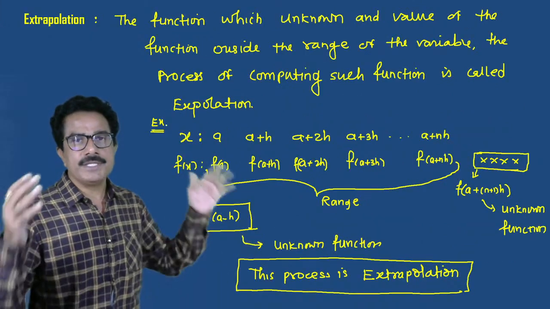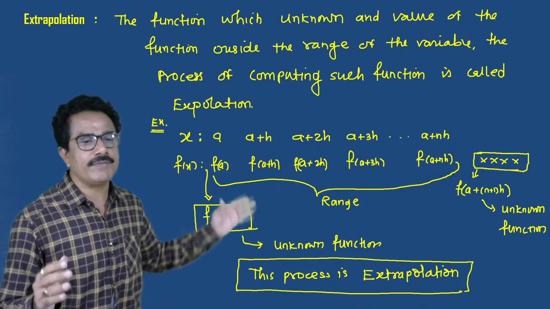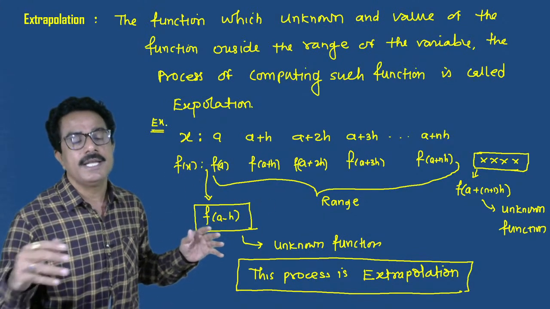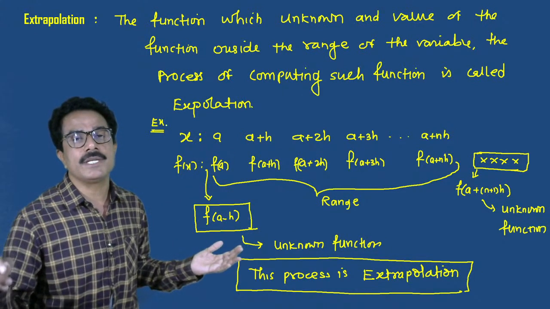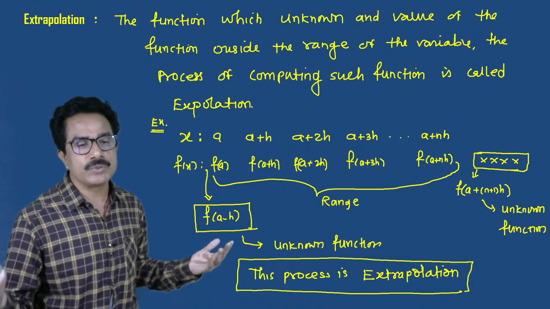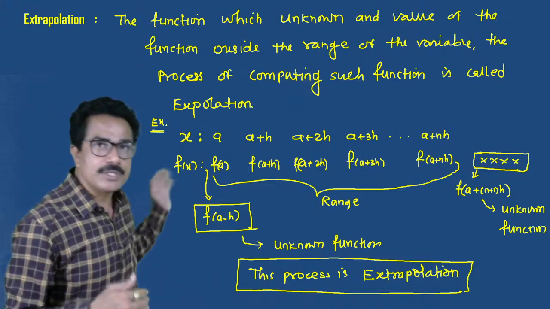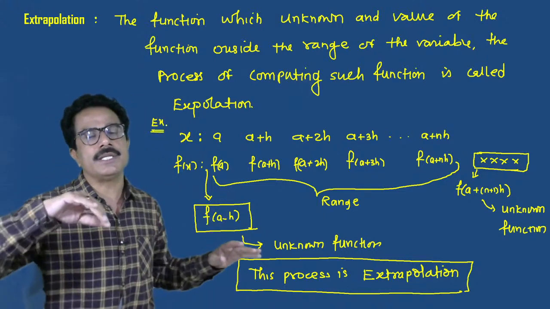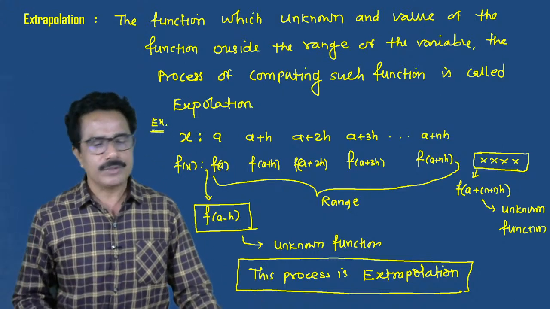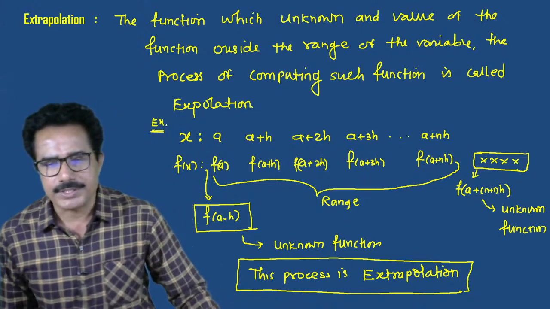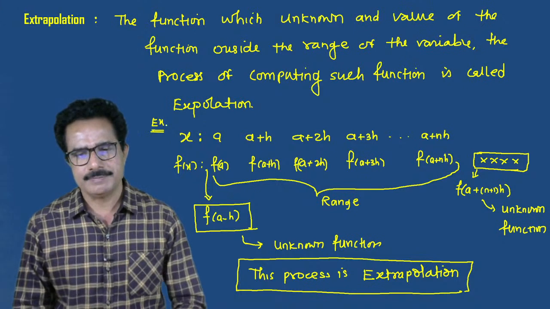Extrapolation means to find the unknown term which is outside the range. The given range is f(a) to f(a plus nh), but we have to find f(a plus n plus 1 times h), f(a plus n plus 2 times h), or f(a minus h), f(a minus 2h). That is, the unknown term before the range or after the range, after the last end point. So this process is called extrapolation. Now here are the assumptions for extrapolation.